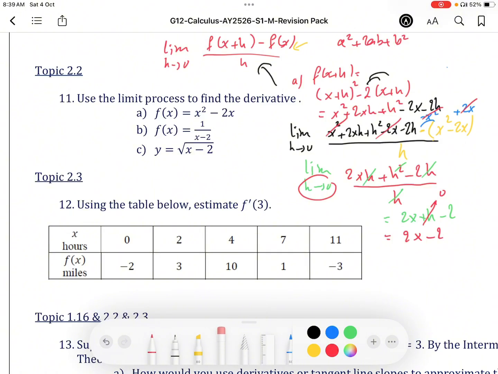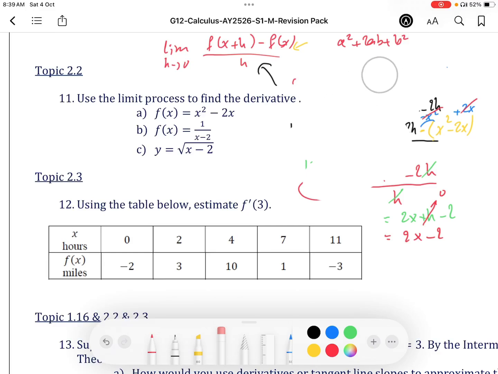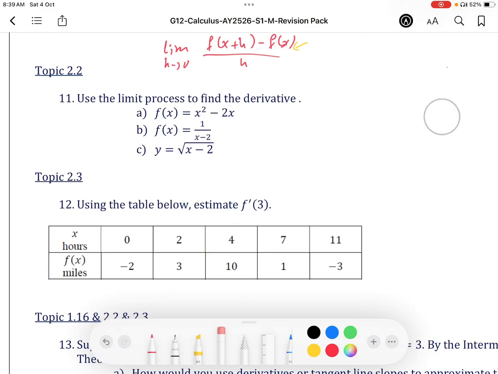Part B, also I'm going to get f(x+h), which is 1 over (x + h - 2), which is 1 over x plus h minus 2.